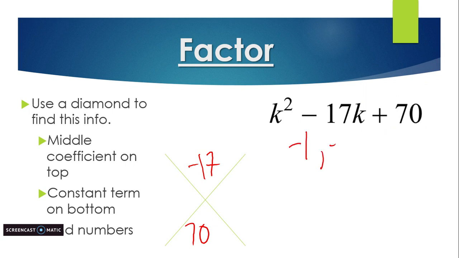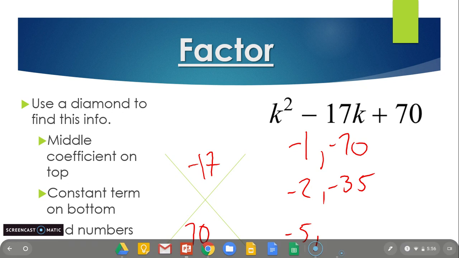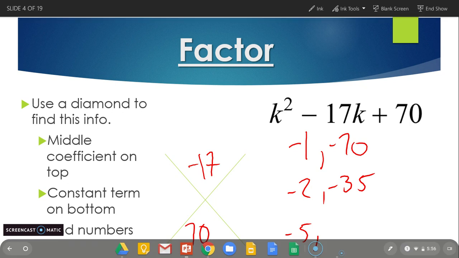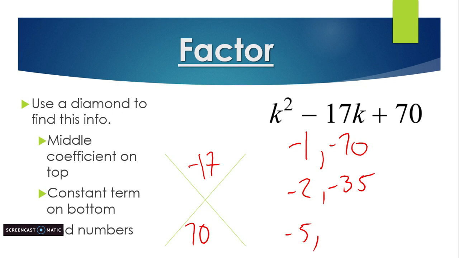Negative 1 times negative 70 would give us positive 70, and negative 2 times negative 35 would also give us positive 70, but none of those add to negative 17. Negative 5 and, let's see, 70 divided by 5, negative 14.